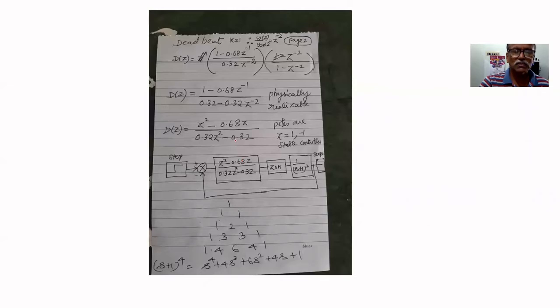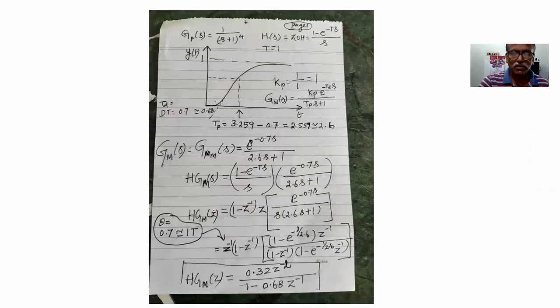Then d of z equal to 1 by HGP of z, 1 minus e power minus T by mu, and these values we have to substitute here. We substituted all these values. Already we got HGP of z for the deadbeat controller. This value can be used to design Dahlin's controller.